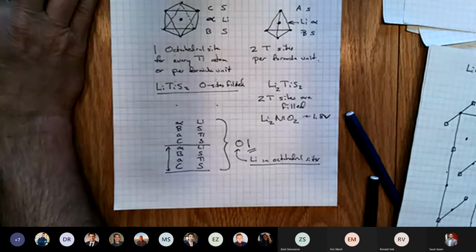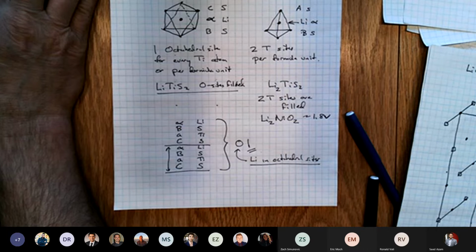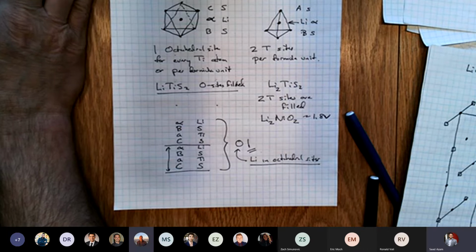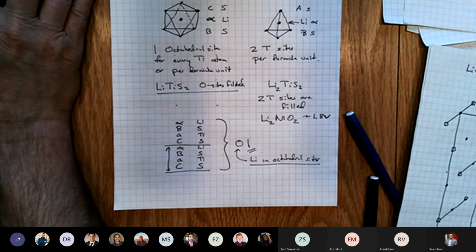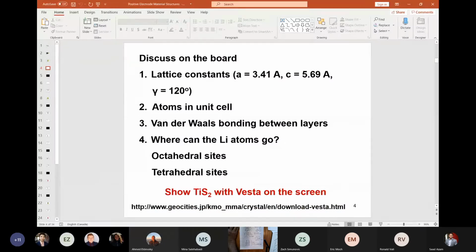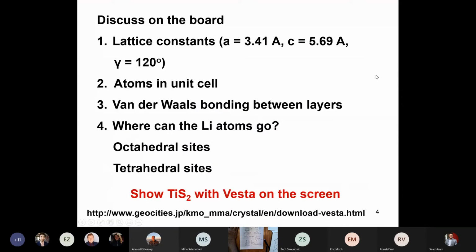I believe you should not see Vesta anymore. Is that true? Yes. I think you should see the PowerPoint again. Is that true? Yep. Okay.